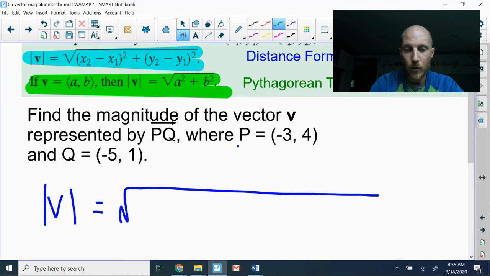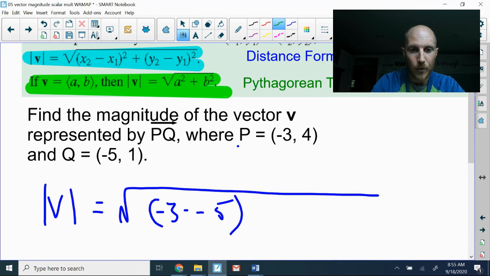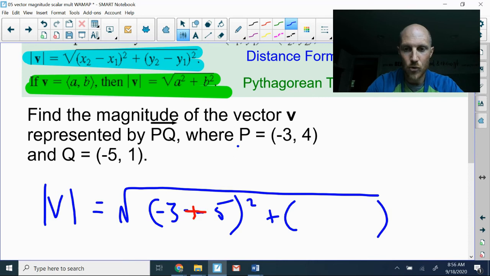Okay, so x coordinate of -3, the other x coordinate is -5. I'm subtracting those. We can't forget when we're subtracting a negative number, essentially this subtraction and that negative combine to make it an addition problem. And add that plus. Okay, so I'm going to do the subtraction of the y coordinates over here. So 4 minus 1.